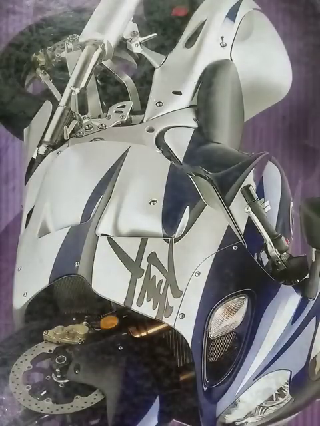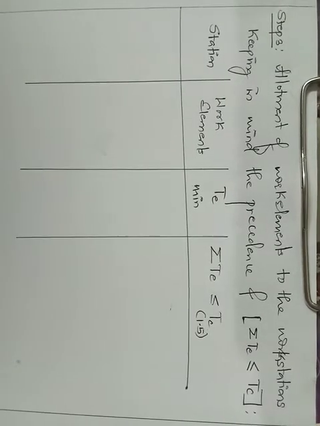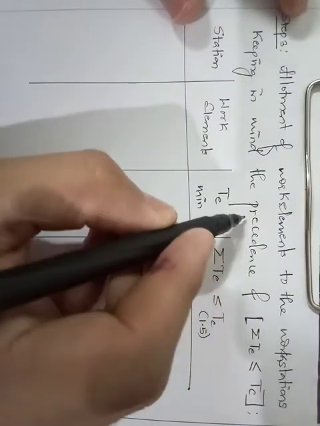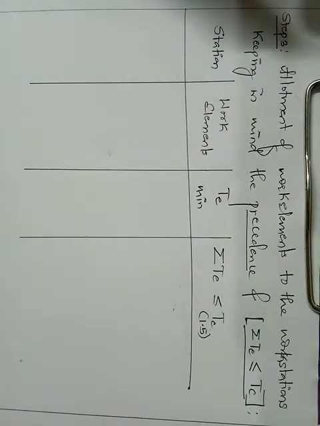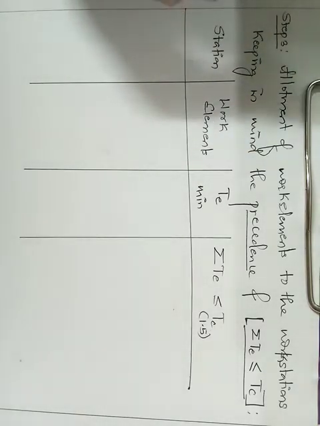The last step, which is very important for us, step number 3, is allotment of work elements to the workstations. There are two criteria I need to keep in mind while allotting the work elements. Those two are precedence, and the condition that the summation of work element times at that particular station should not exceed cycle time.